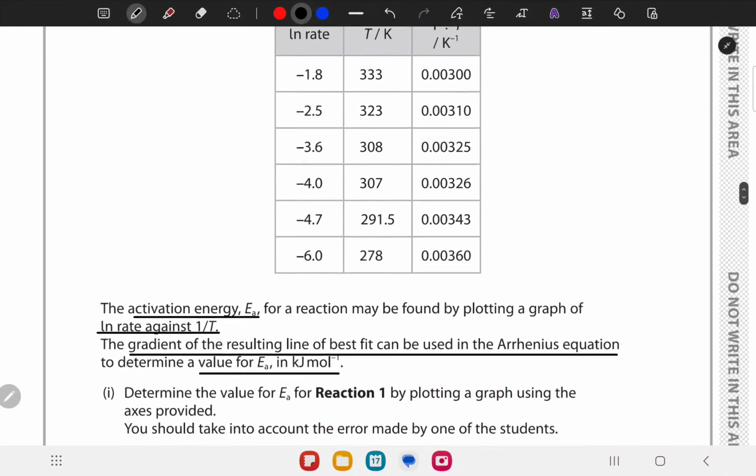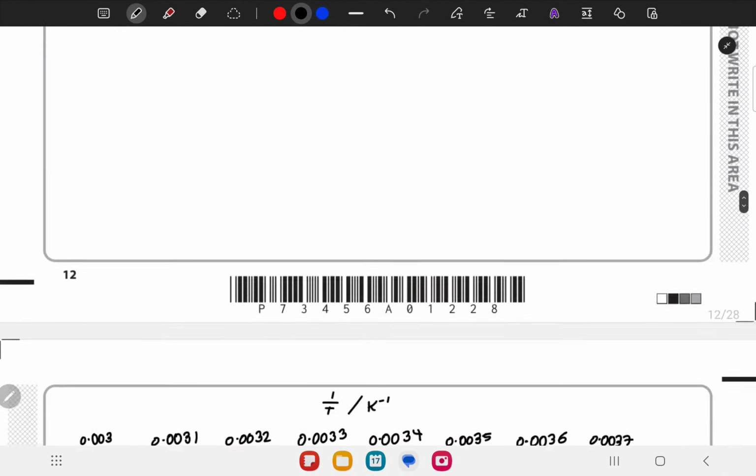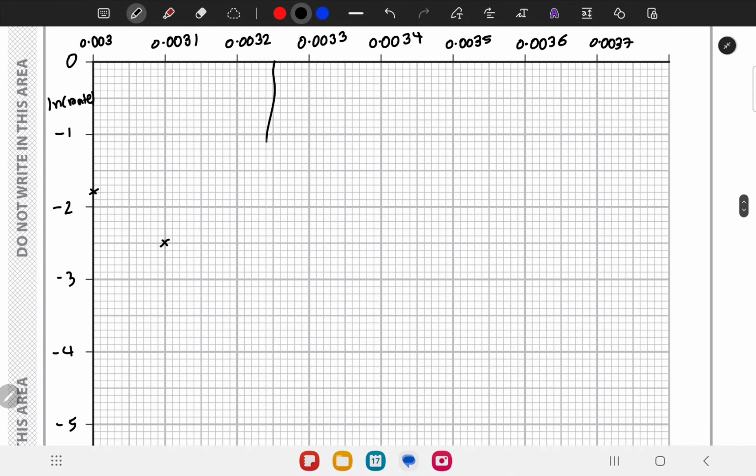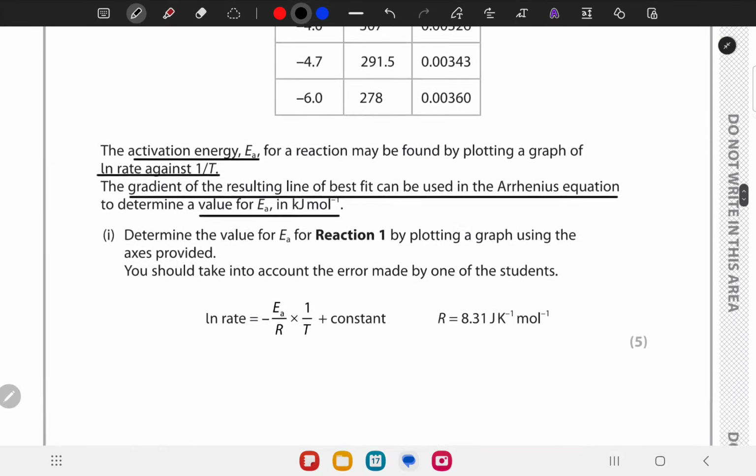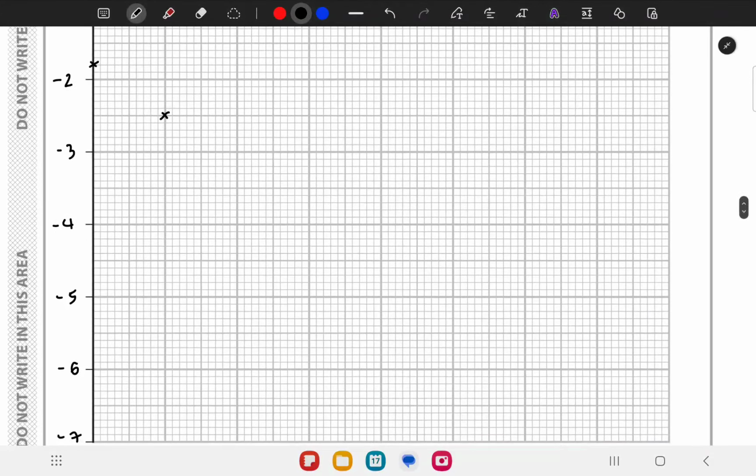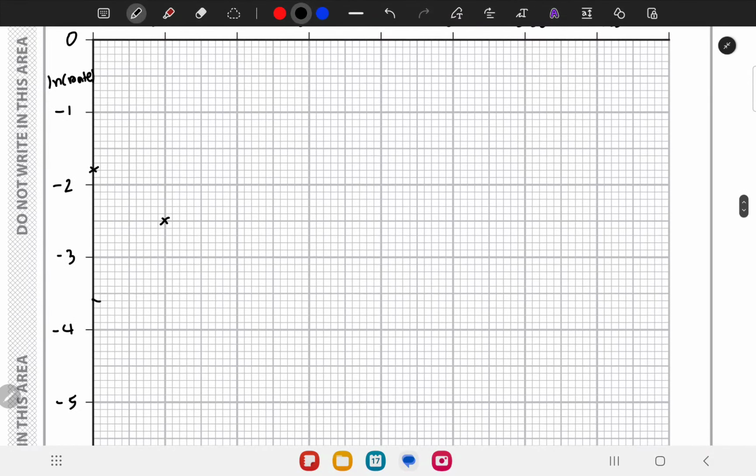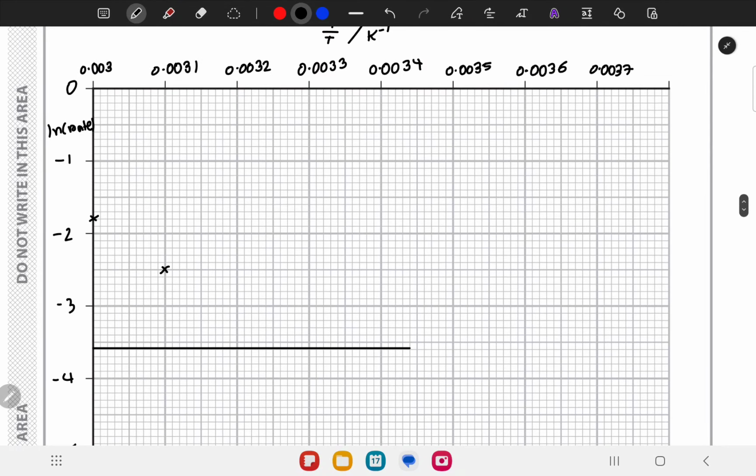The next value is at minus 3.6, 0.00325. So 325 is over here, and minus 3.6 is over here. So this is where we'll have our point.